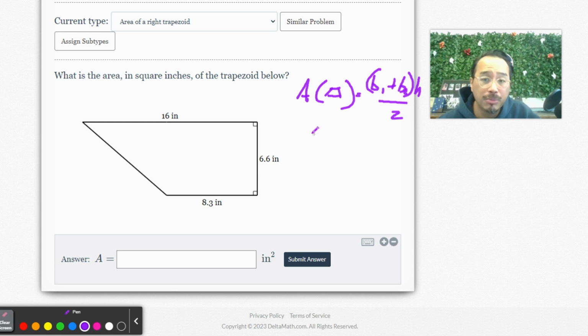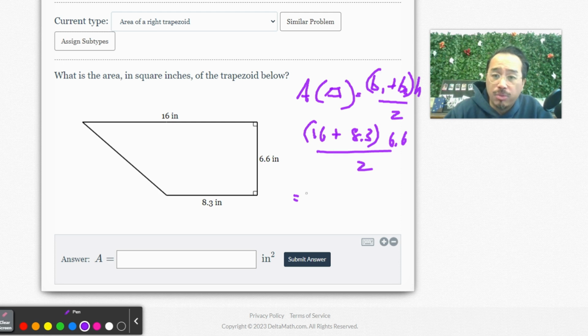So I'm going to label it. I'm not going to write it out anymore. Base one, let's just use 16, plus base two, that's 8.3, times the height, 6.6, divided by 2. I'm going to do all the math in one go to save you some time. 16 plus 8.3 is 24.3, times 6.6 is 160.38.